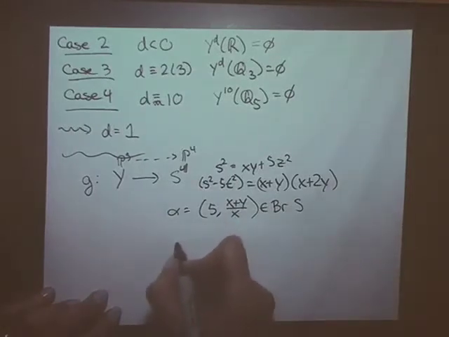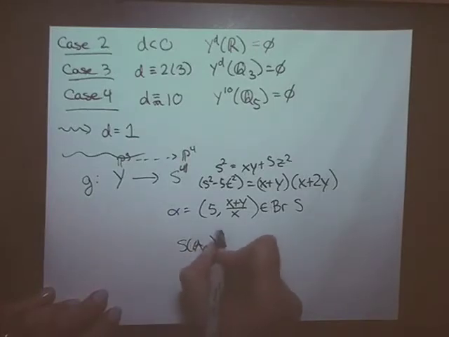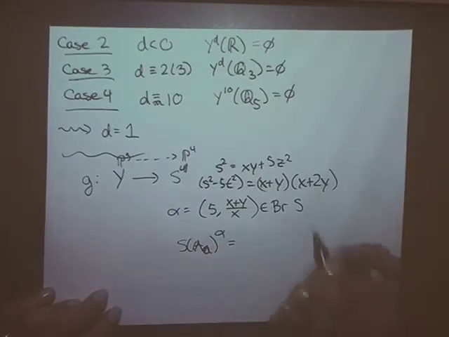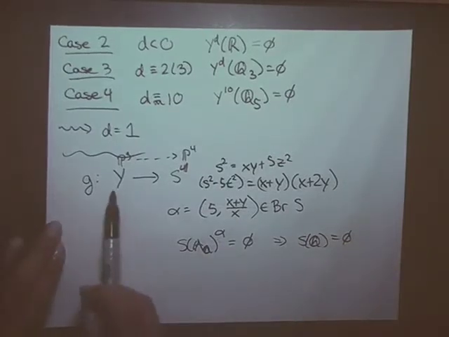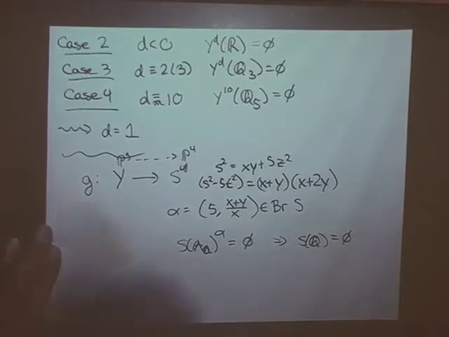And we saw that S of A_Q of alpha is the empty set. So that implies that S of Q is the empty set. Okay, so that definitely tells you that Y has no rational points, but let's explain why it also has a Brauer-Manin obstruction.